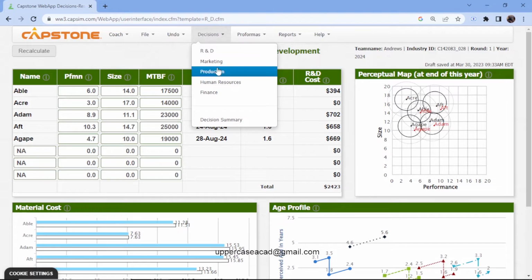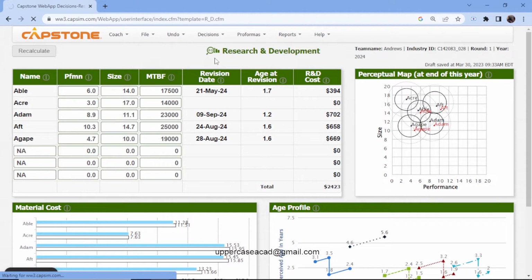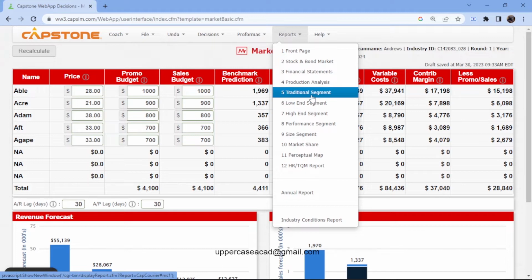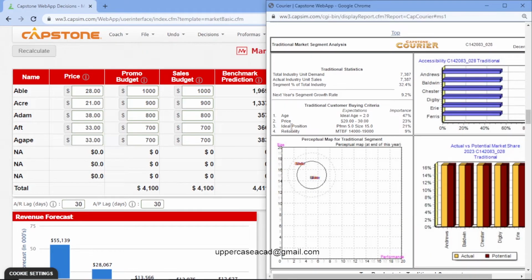Then our next step is we go into the marketing segment. So if I look at my reports, traditional price has an importance of 23%, and they want a product with a price of between 20 and 30.